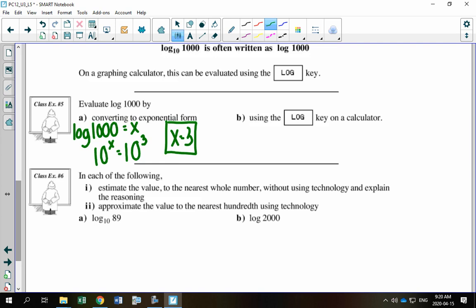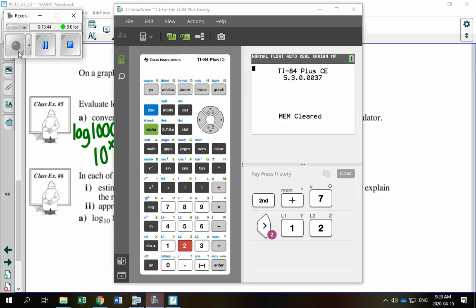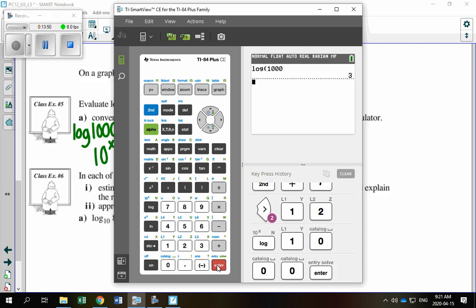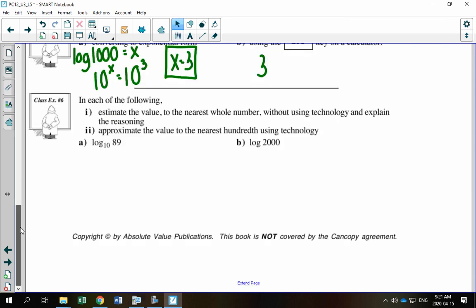Then if I get my calculator and use the log key, log of 1,000, just like that, and enter, you get the same thing, which is 3.